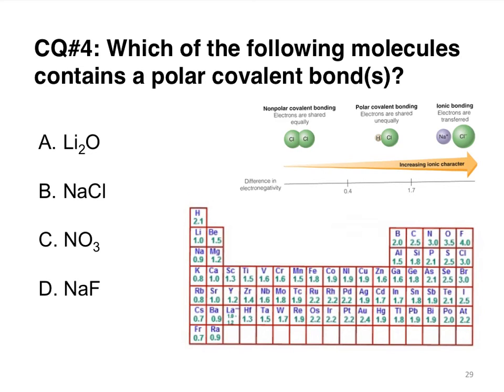If you do hydrogen and oxygen, 3.5 minus 2.1, I hope everyone says it's 1.4. 1.4 is less than 1.7 and more than 0.4, so it's very polar, but it's not ionic.